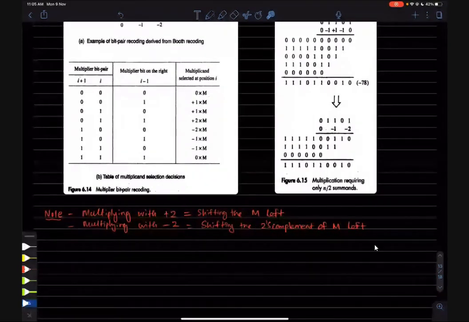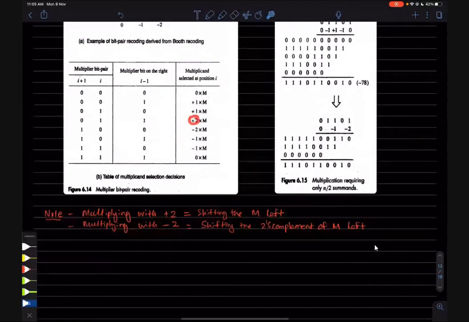Plus 2 means shift m one bit left, that's the multiplication of 2 into m. And minus 2 into m means shift the 2's complement of m towards the left side. Got it? Very simple.